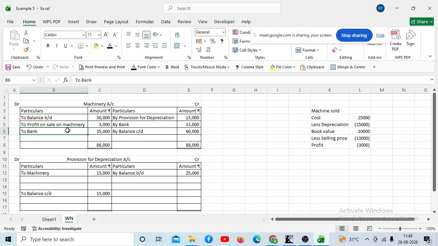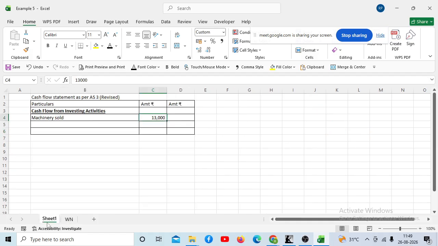Since we are purchasing machinery, it is an investing activity. Machinery purchased, right? Tell me whether it will be a plus item or minus item. Minus. Why? Because money is going out. Money is going out, so write it in brackets.